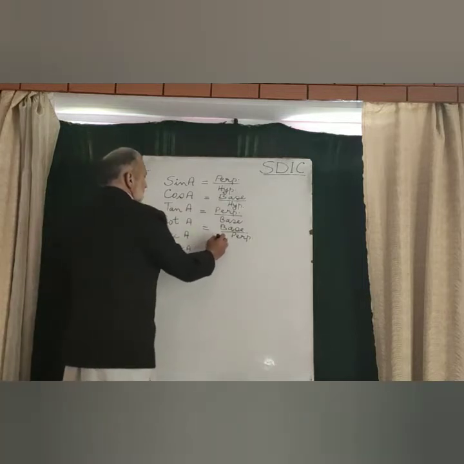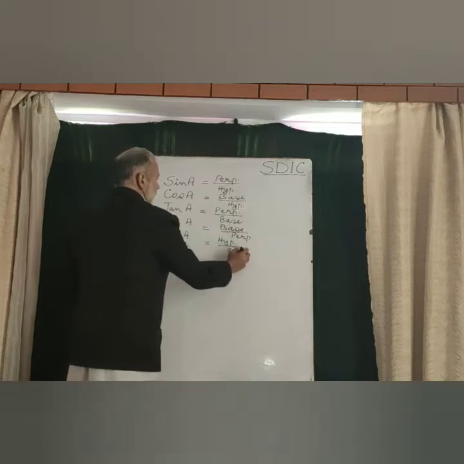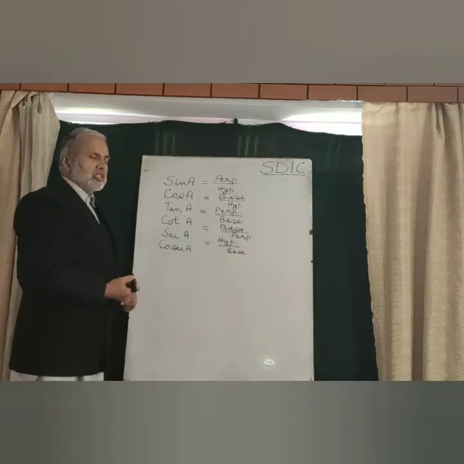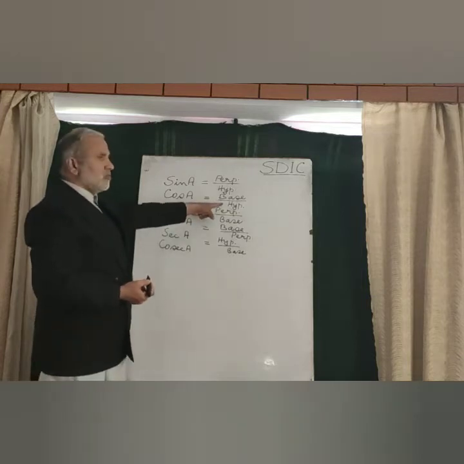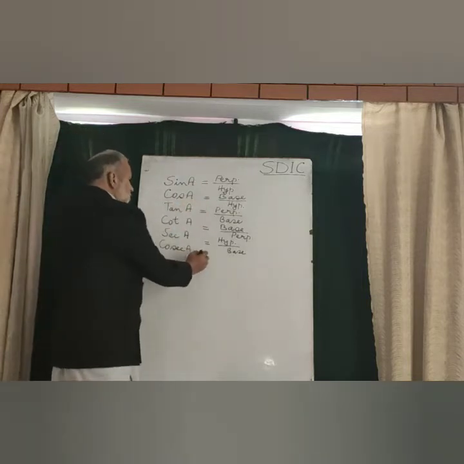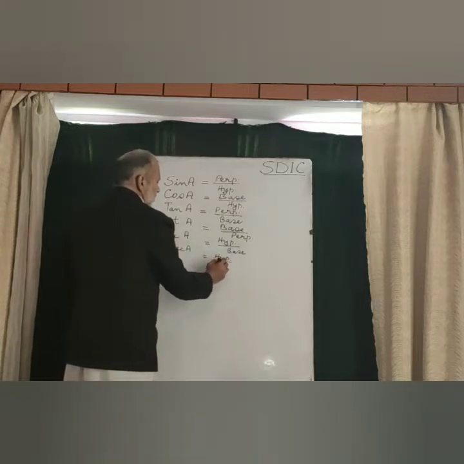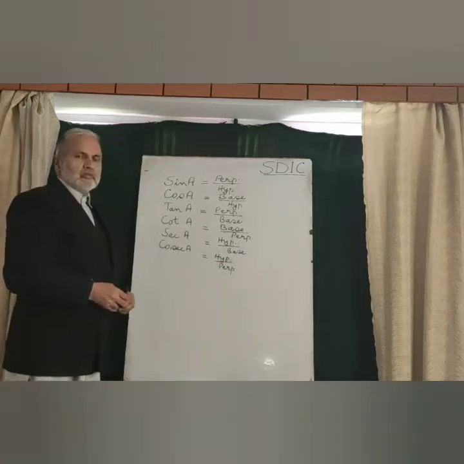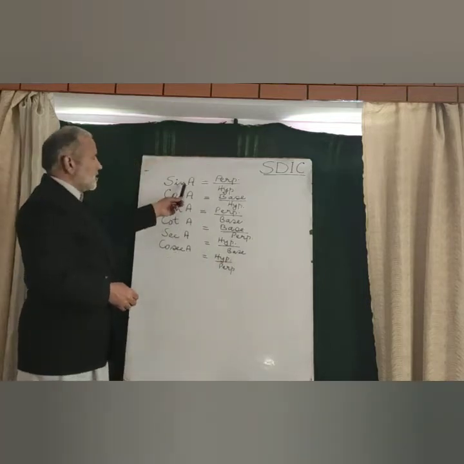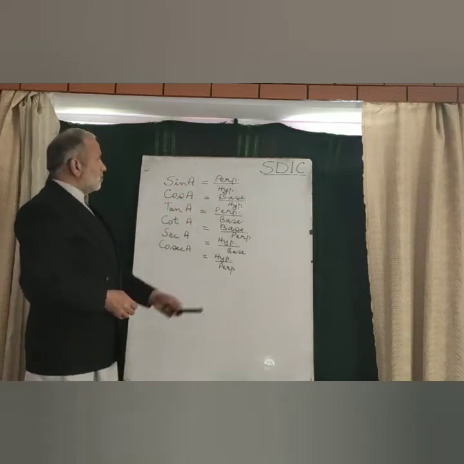Sec is hypotenuse by base. It is the reciprocal of cos. Cos is base by hypotenuse. Its reciprocal will be hypotenuse by base. Cosec is hypotenuse by perpendicular. It is the reciprocal of sine. Sine is perpendicular by hypotenuse. So the reciprocal will be hypotenuse by perpendicular.